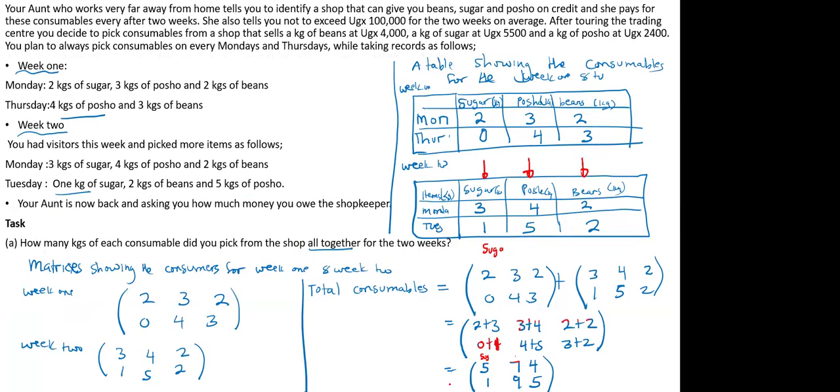So now that means that we are going to come, because they told us how many kilograms of each. So now we are going to find for each. Hope that is okay. Now, for each, it means that for sugar, I'm going to say sugar is going to be 5 plus 1, which is equal to 6 kilograms. Members, is that fine?